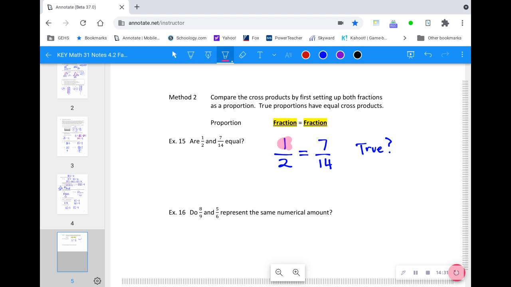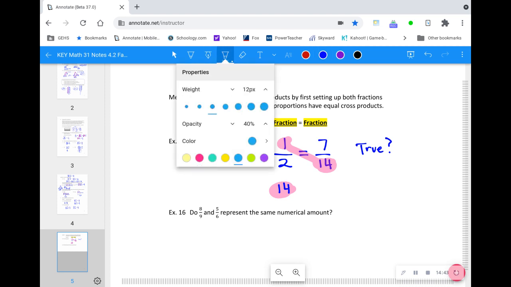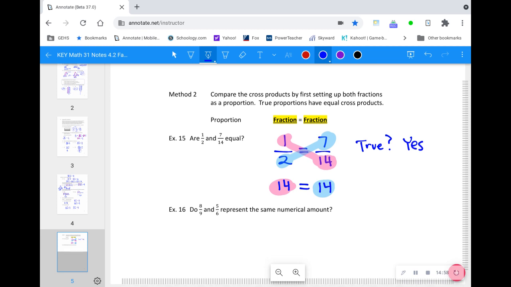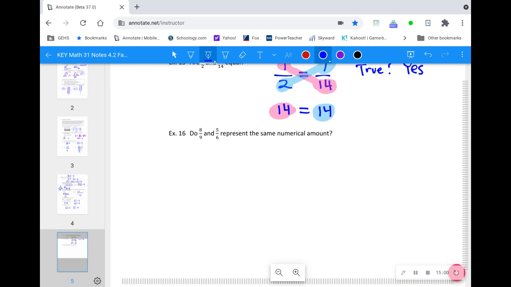So you're going to multiply those two numbers. Product means times. And in this case, you get 14. And then you take the other cross product, 2 times 7, and that also gives 14. If those are equal, then the original is also equal. So you're looking at the cross products and comparing them.